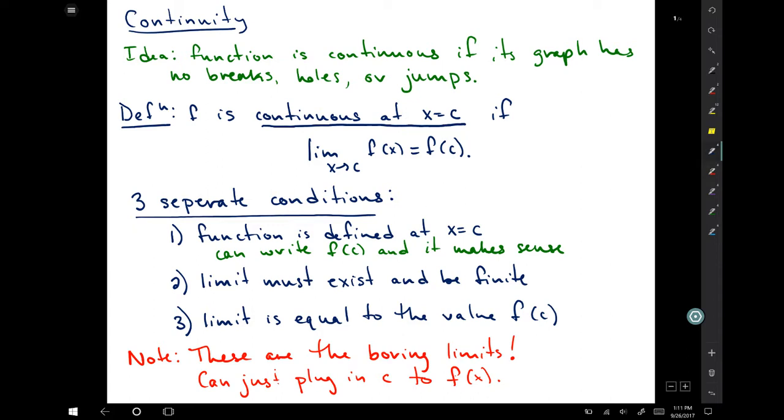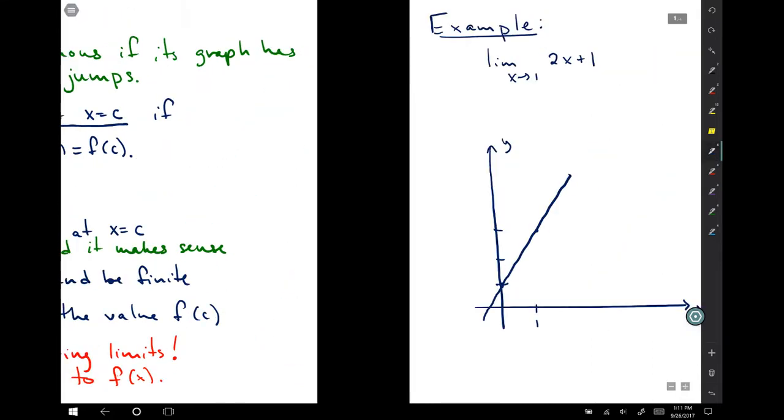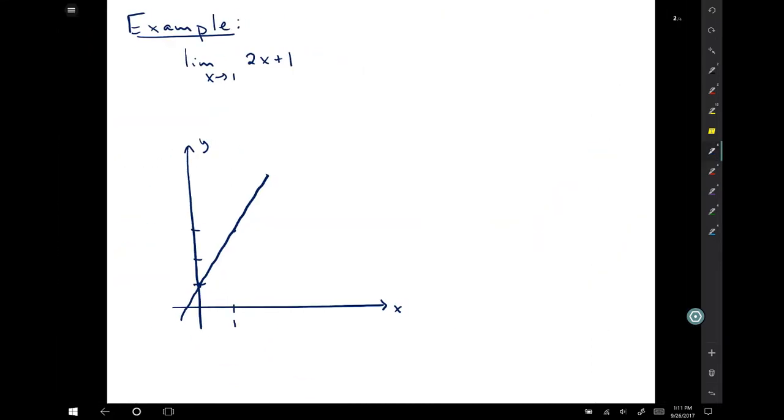So let's look at a nice simple example to illustrate this. So let's look at the limit as x goes to 1 of 2x plus 1. So this is a nice linear function. And I've drawn part of its graph down below, and you should know what a linear function looks like. It's just a line. It goes on forever. And so you think to yourself, yep, there's no breaks, there's no holes, there's no jumps, so that should be continuous. So what I should get when I take this limit is what I get when I plug 1 in. I should just get 3, because this should be continuous.